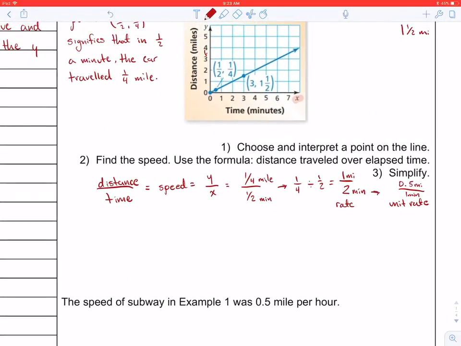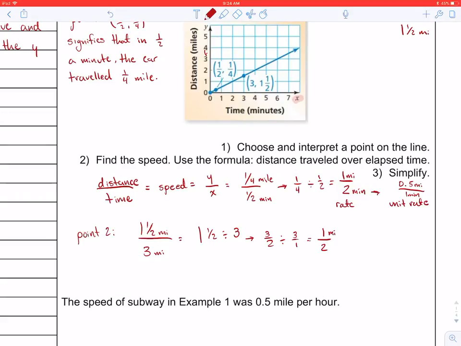And we could have also done that for the second coordinate point. I do want you to write it down. So with point 2, we also could have set it up as 1.5 miles every 3 minutes. Simplify that fraction down: there would be 1.5 divided by 3, which we can write as 3/2 divided by 3 over 1. 3 divided by 3 is 1. 2 divided by 1 is 2.